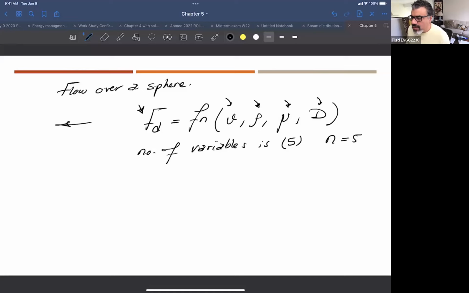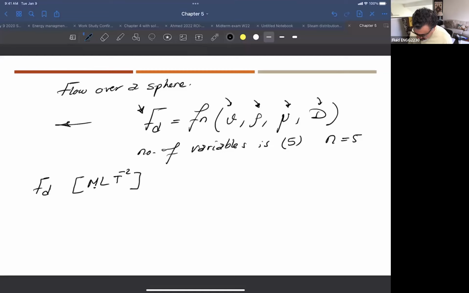Now the number of dimensions in this. Very simple. I can just start putting FD, and the dimension of FD, if you remember, force is mass times acceleration, right? So mass times acceleration is L over T squared, so it's M L T minus 2.